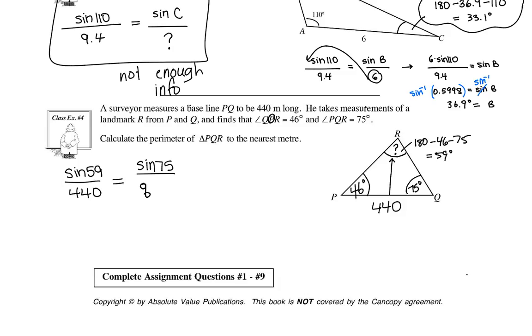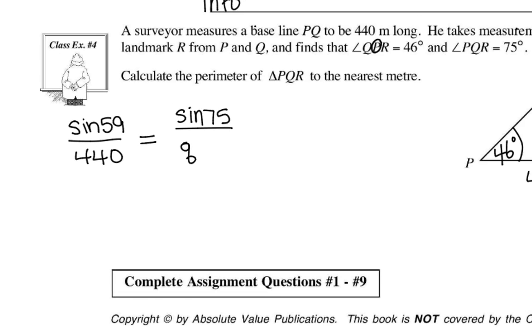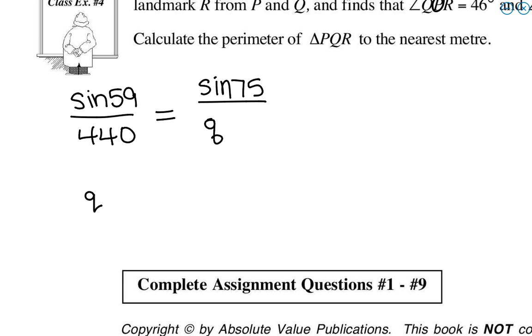Now to solve this, cross multiply, what would you do? Times those two, and then divide this one, right? That's a q. That's my lowercase q. Okay, I'll put it like that, if that helps.